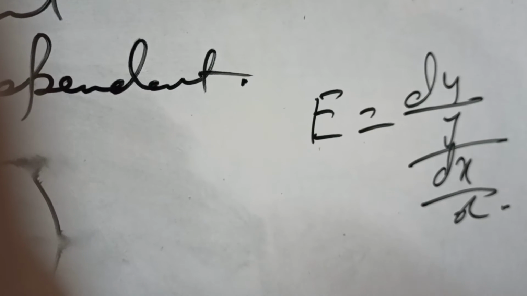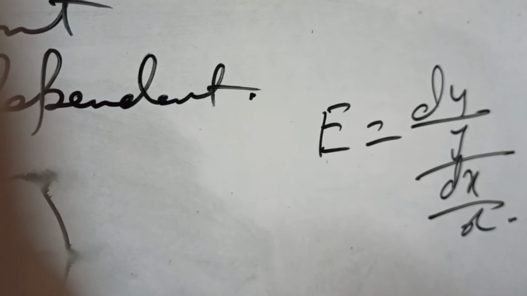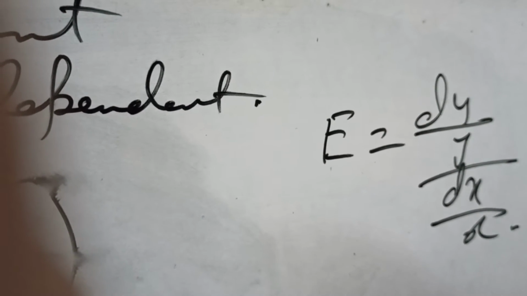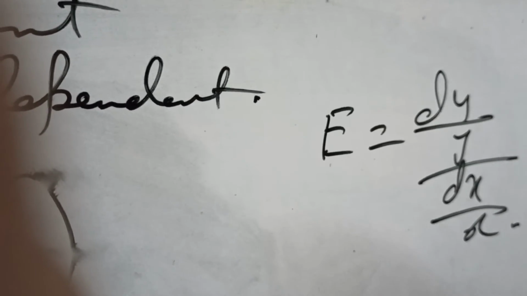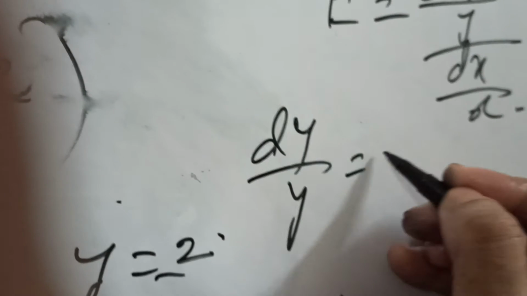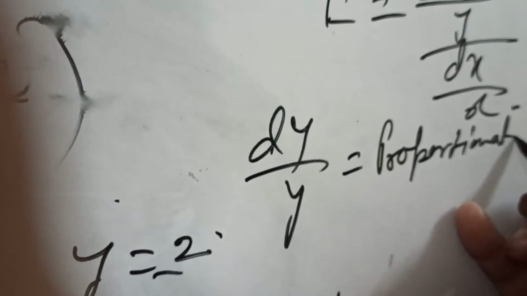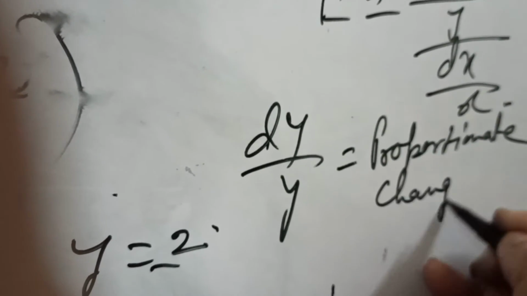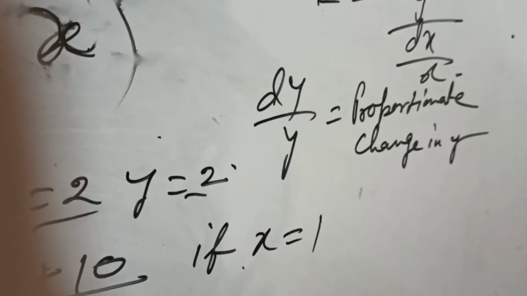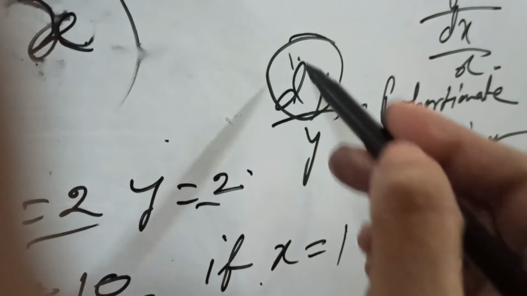What does it mean? dy by y is the proportionate change in y.